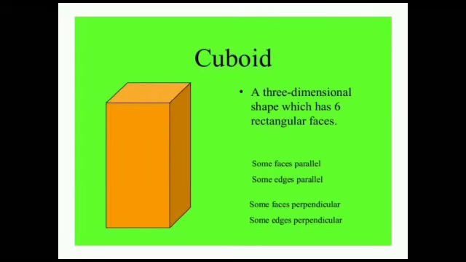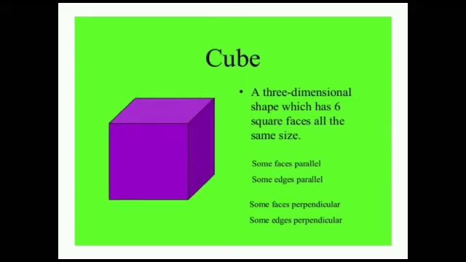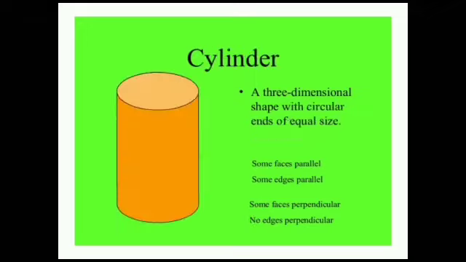Cuboid. A 3-dimensional shape which has 6 rectangular faces. Cube. A 3-dimensional shape which has 6 square faces, all the same size. So in the cube all the sides are equal, okay, same size. Cylinder. A 3-dimensional shape with circular ends of equal size.